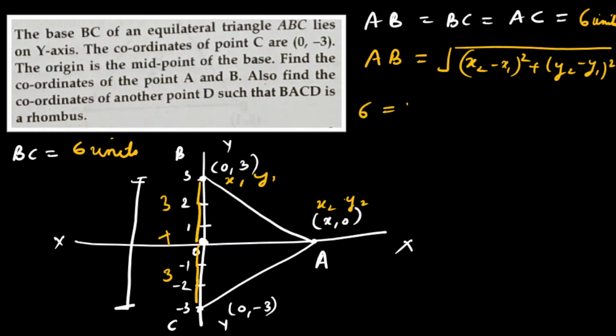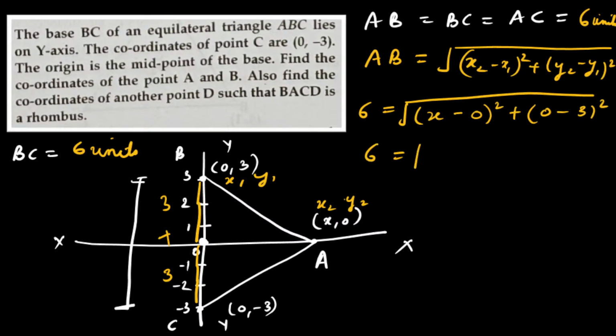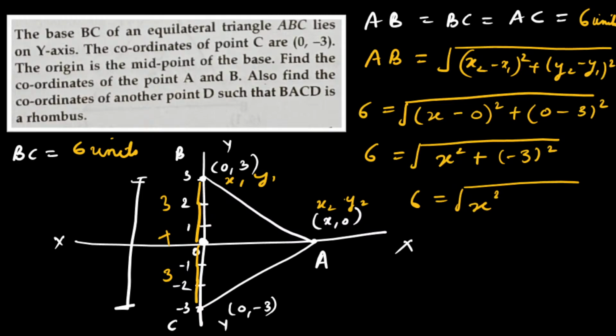AB is 6 units. So 6 equals the square root of x minus 0 whole square plus 0 minus 3 whole square. So 6 equals the square root of x square plus minus 3 square.